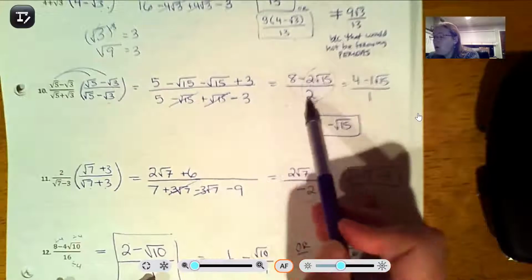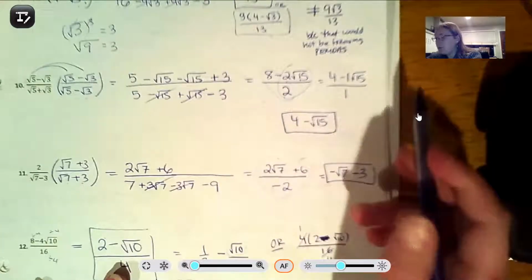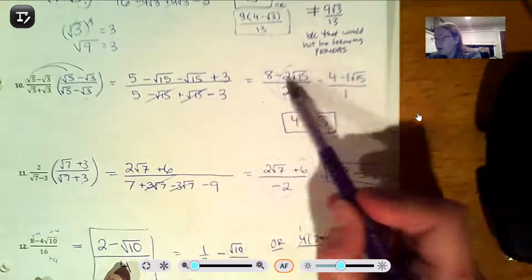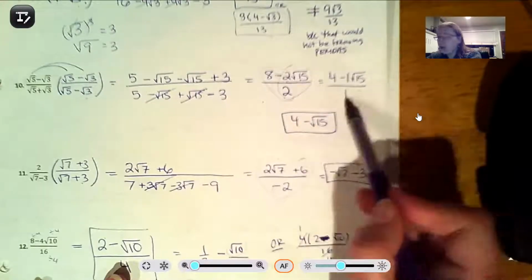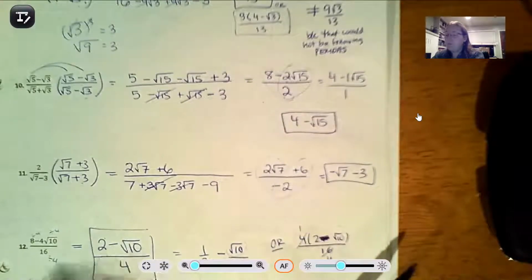Because all of the coefficients are divisible by 2, I can divide each by 2. Divided by 2 gives us one of them, and 2 divided by 2 gives you 1, which you don't need to put, you can just simplify it as 4 minus root 15.